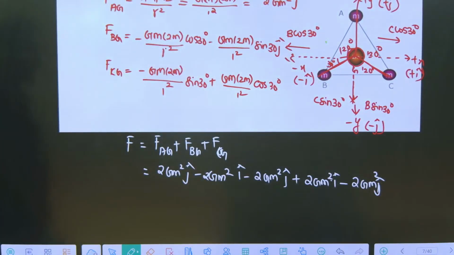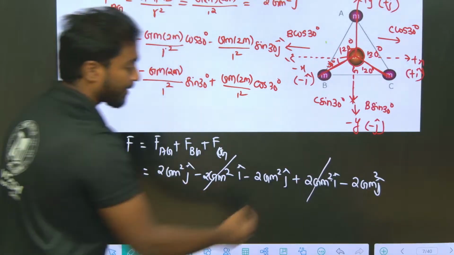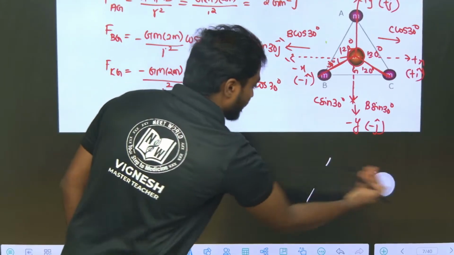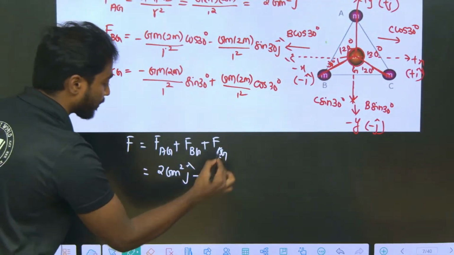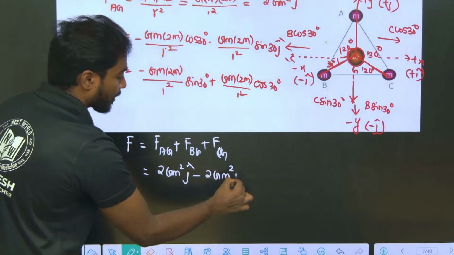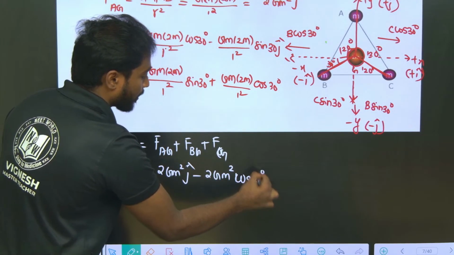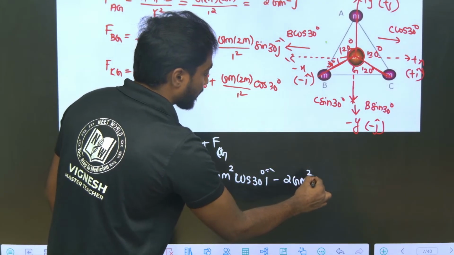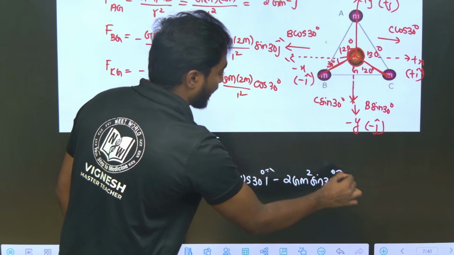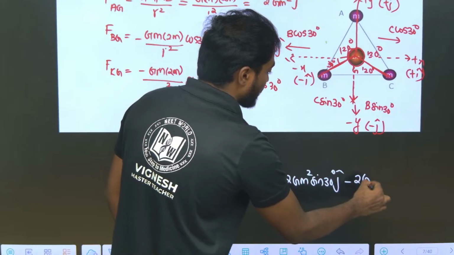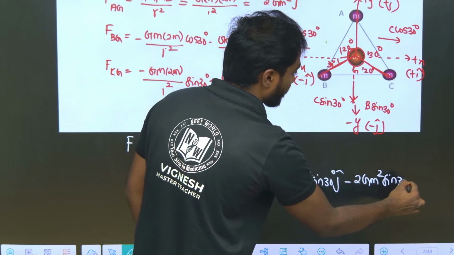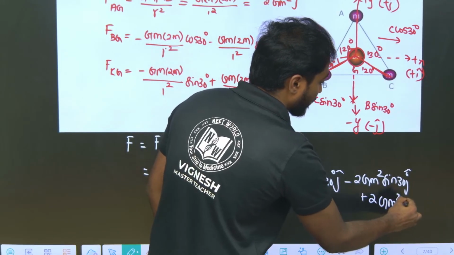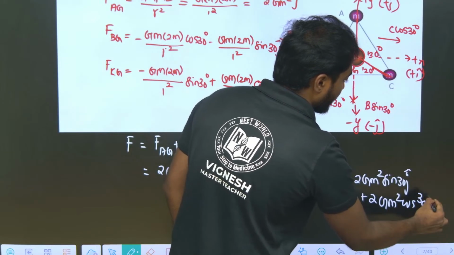So what can I cancel out here? This i cap and this i cap can be cancelled off. Let me write everything with cos 30: 2G m square cos 30 degree i cap minus 2G m square sin 30 degree j cap minus 2G m square sin 30 degree j cap plus 2G m square cos 30 degree i cap.